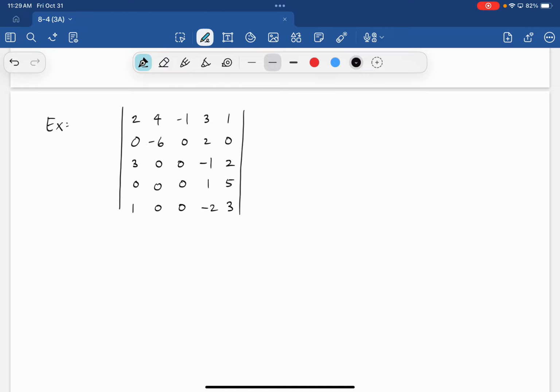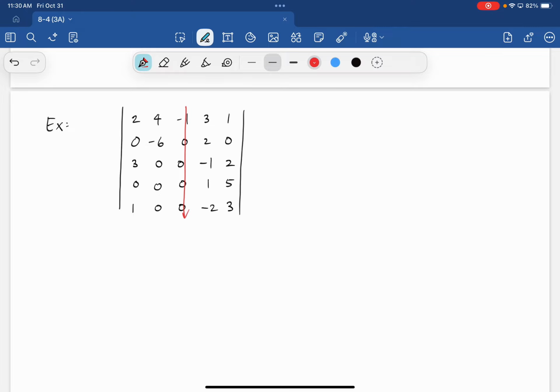All right? Sometimes there are clever ways to do it because we have a lot of zeros. The idea is we want to expand using the row or column that has the most zeros, because then we won't have to calculate a lot of determinants. Let's say we calculated the determinant using the third column. That's a ton of zeros, right?